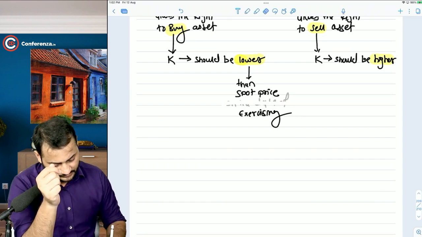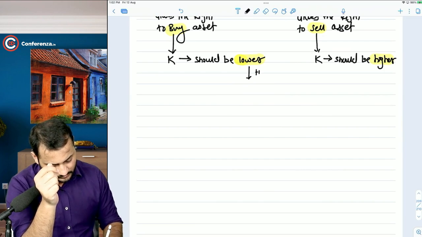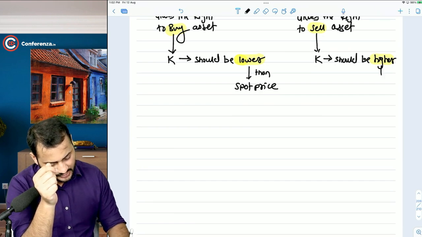Or simply I can write down lower than the spot price, right? Higher than the spot price.